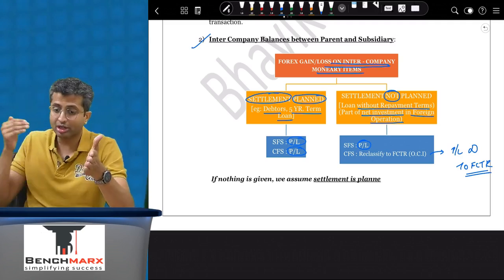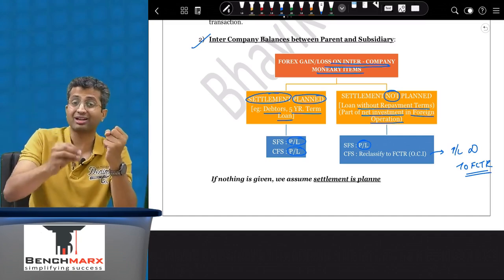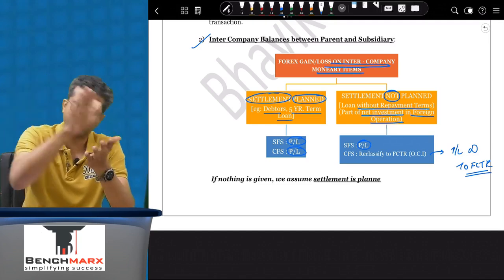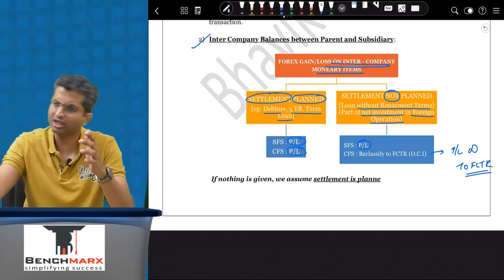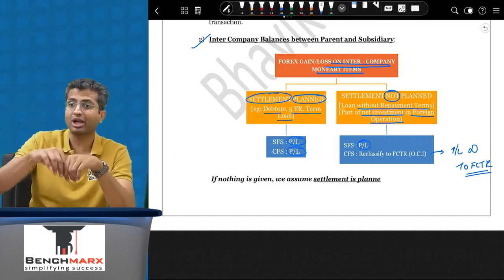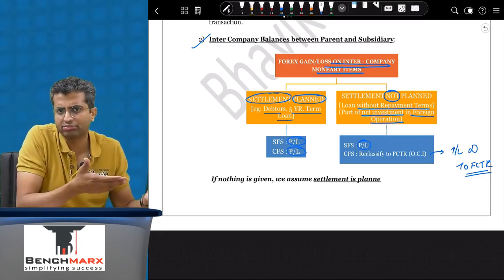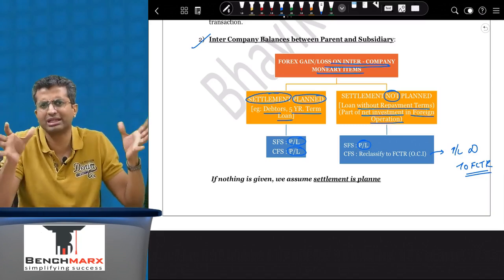A gain or loss will be realized only if pounds actually come into rupees, which is going to happen if Tata has sold goods to Jaguar, so Jaguar will pay money to you, or Tata has given a 5-year loan, in which case 5 years later Jaguar is going to give money to you. But if Tata makes a permanent investment, or Tata makes a loan without settlement terms, then Jaguar is not going to give that money back. It is understood between the parent and subsidiary, so okay.